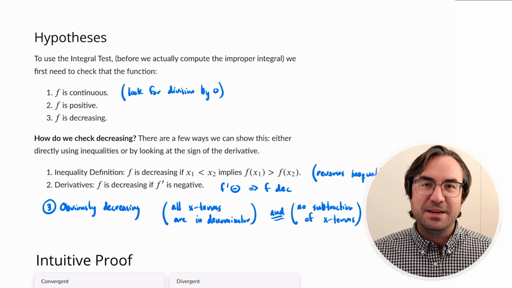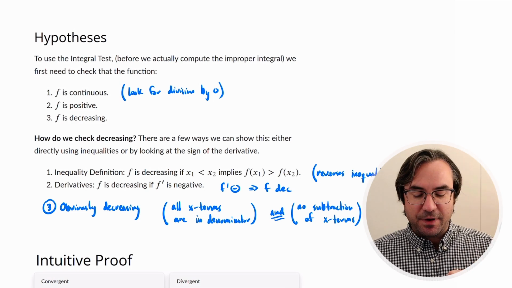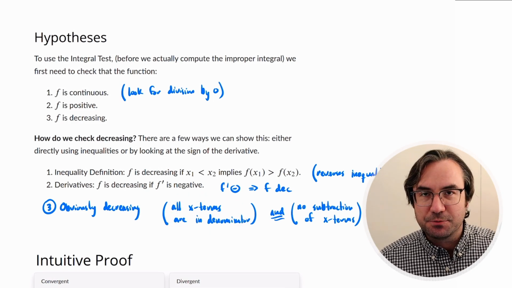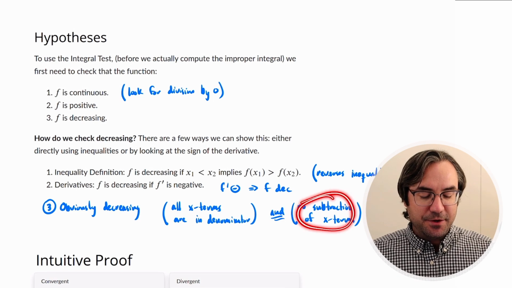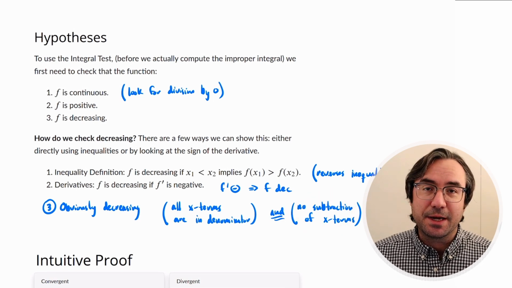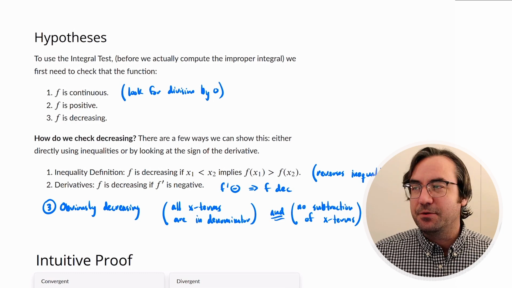So you kind of need both of those two things. So if you have a fraction and all of the x terms show up in the denominator and there's really no subtraction going on, well, then you're going to have a decreasing function.